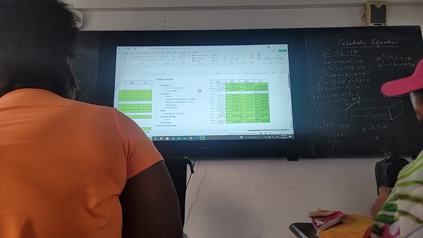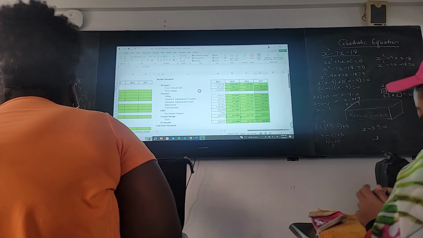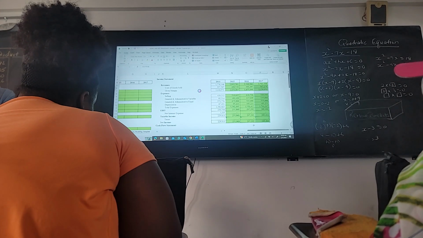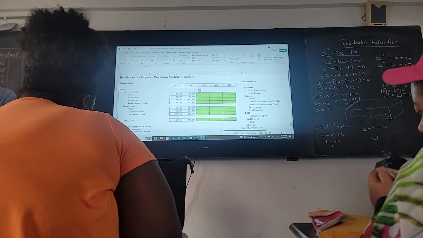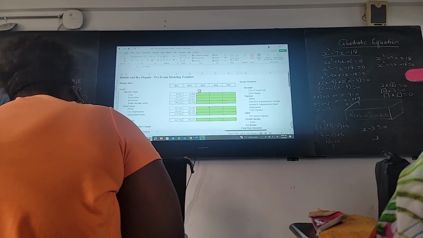Even for 10 years, if you set it up properly, you get it done just as quick. Okay, so let's go in now to our balance sheet.